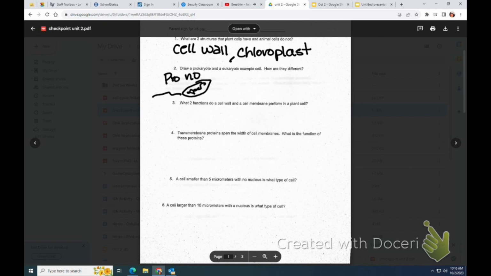And we got eukaryote, and it's going to look something like this, with all these other little organelles in there, but we definitely have a nucleus.